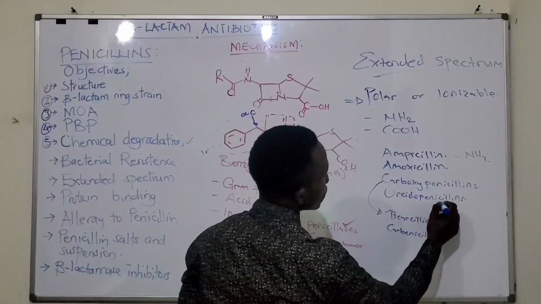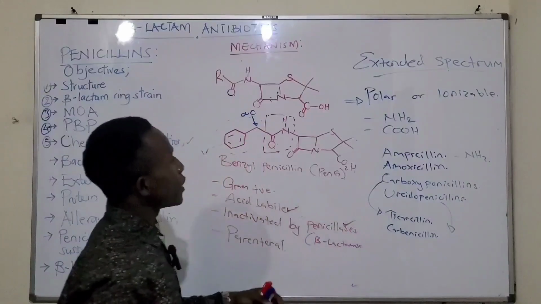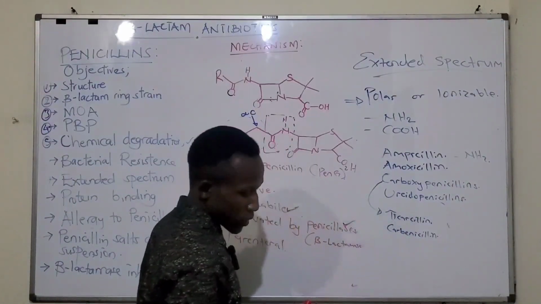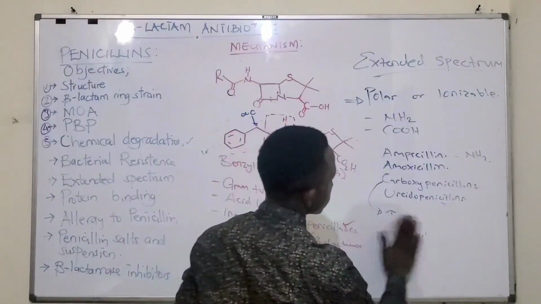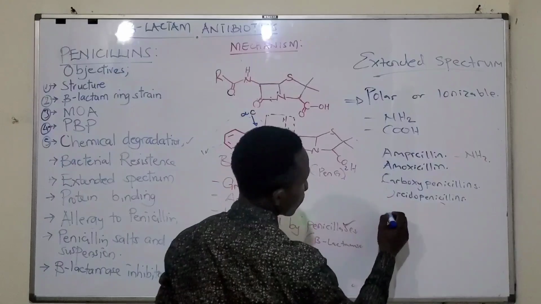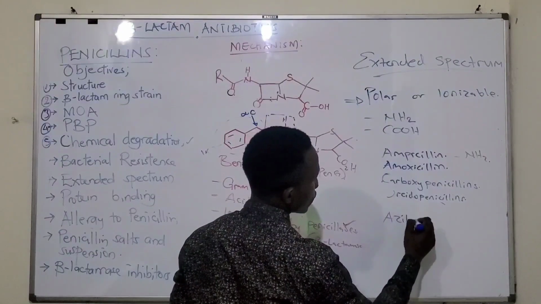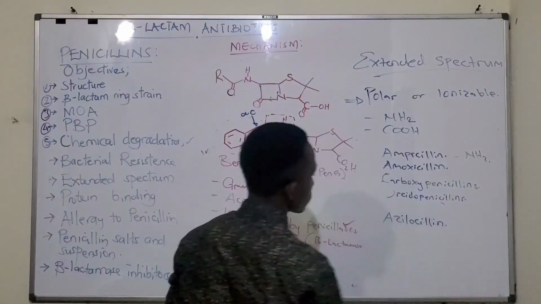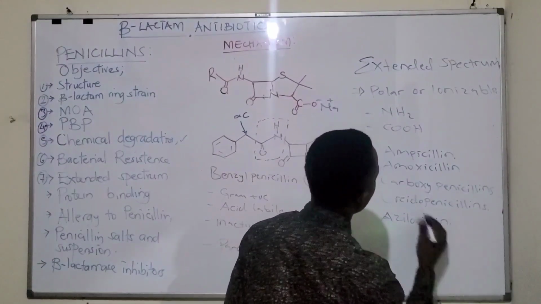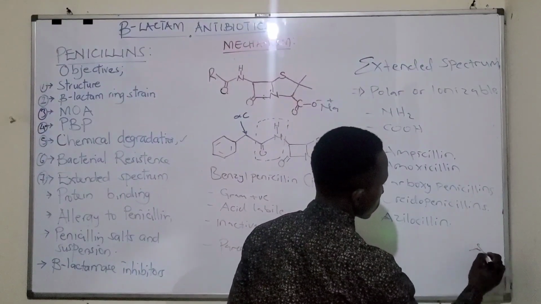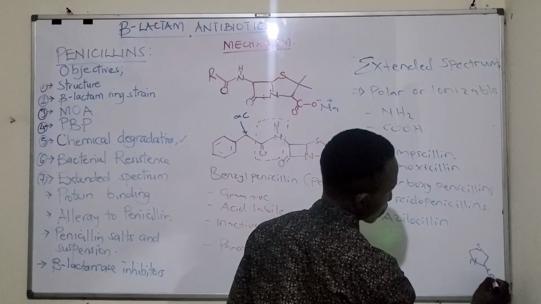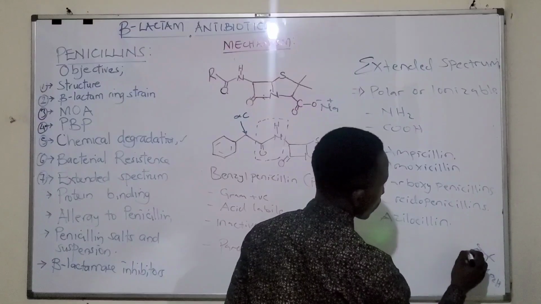Now, for ureidopenicillins, let's take examples. Ureidopenicillin, for example, azlocillin. They are derivatives of ampicillin.